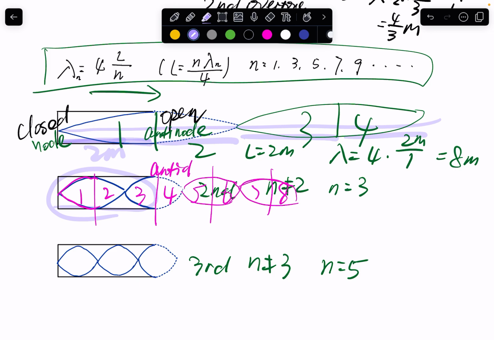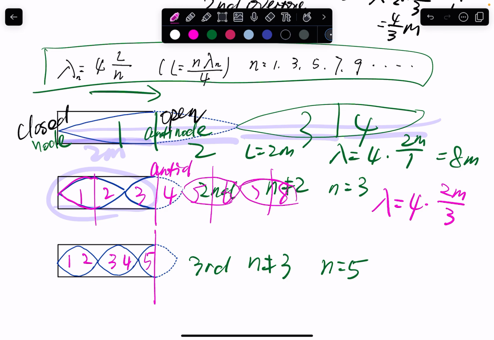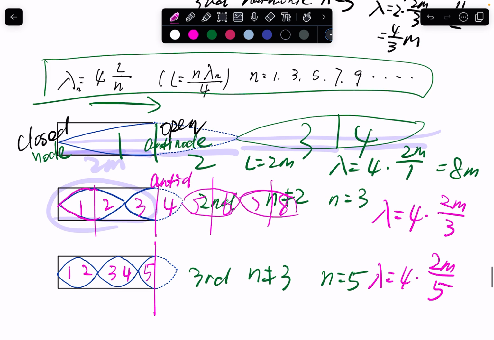So that's why when we divide it, lambda equals 4 times 2 meter over 3. And in this case it will be 1, 2, 3, 4, 5, so lambda equals 4 times 2 meter over 5. I hope you can visually see why it's always 1, 3, 5 instead of 1, 2, 3, 4.